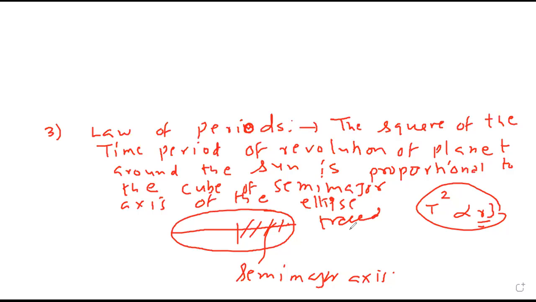traced by the planet. ये एकदम मैंने टेक्स्ट बुक का दिया बिकॉज कॉलेज टीचर को टेक्स्ट बुक वाला ज्यादा अच्छा लगता है, थोड़ा आगे पीछे किया तो नहीं समझ पाते हो.